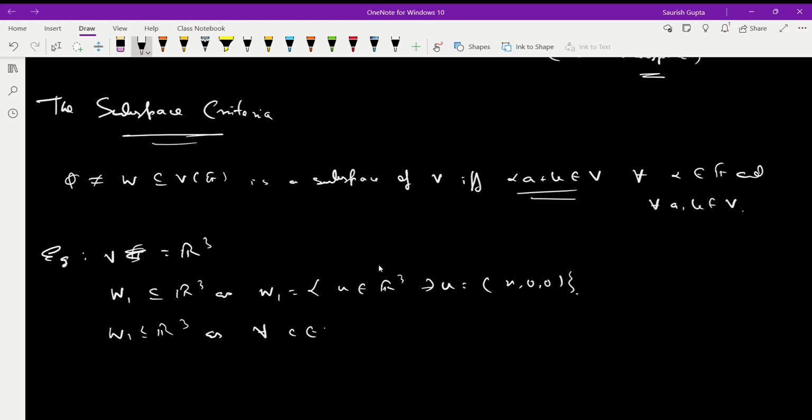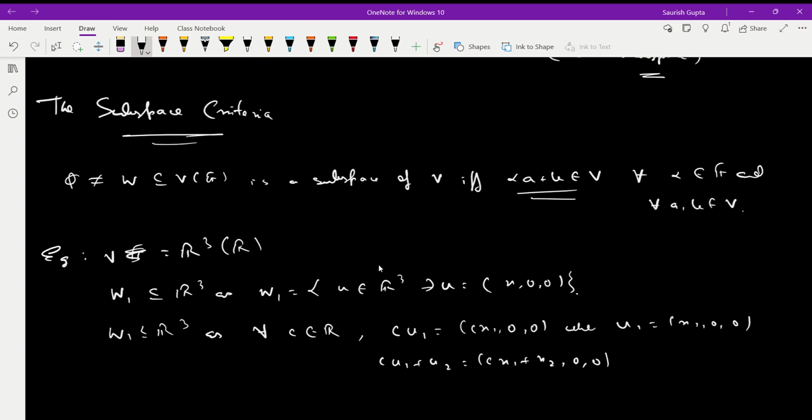So W1 is a subspace of R3. We are considering R3 as a vector space over R. So for all elements C in R, what is C times U1? It's C times X1 0 0, where U1 is of the form X1 0 0.